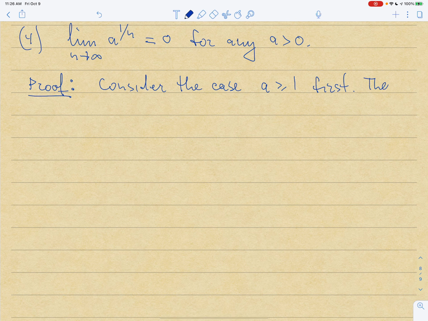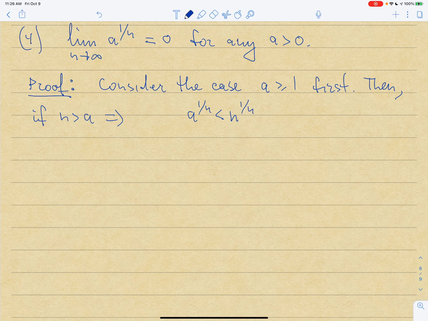So then, what do we have? If n is greater than a, it follows that a to the power 1 over n should be less than n to the power 1 over n.